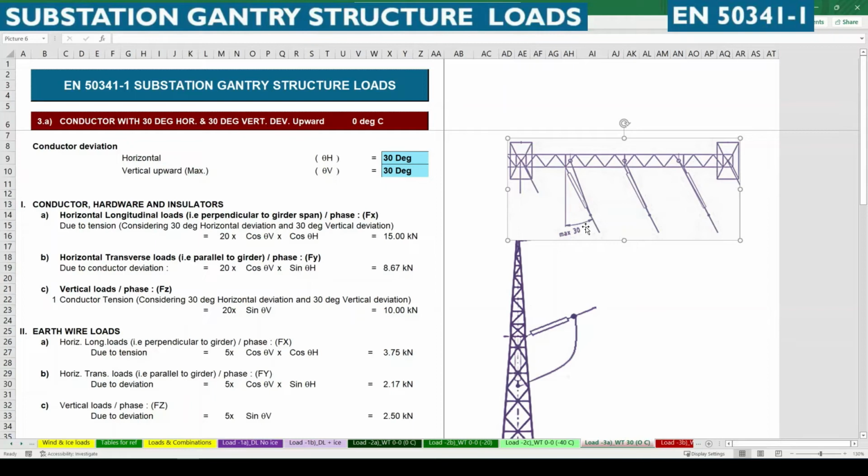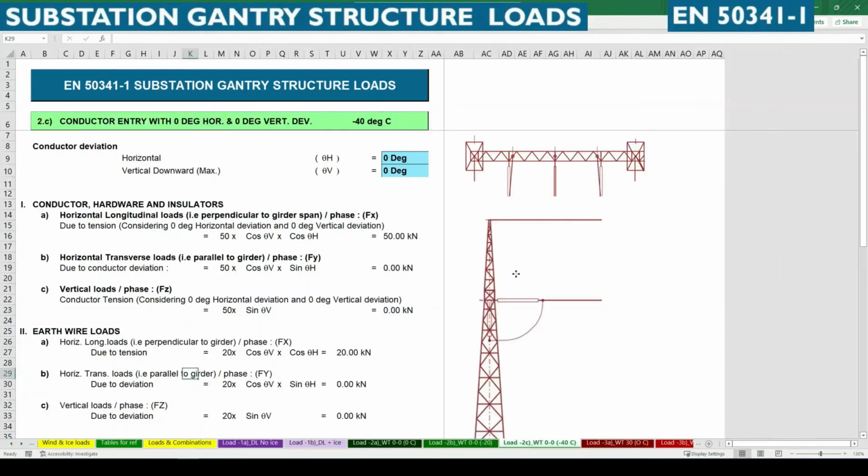That should not go beyond 30 degrees. In the normal case, 0 degree horizontal and 0 vertical, you can see in plan view that the conductor is directly perpendicular to the girder span. Similarly, in section for vertical deviation, the conductor is running directly perpendicular to the axis of the tower. So these two cases are without deviation.